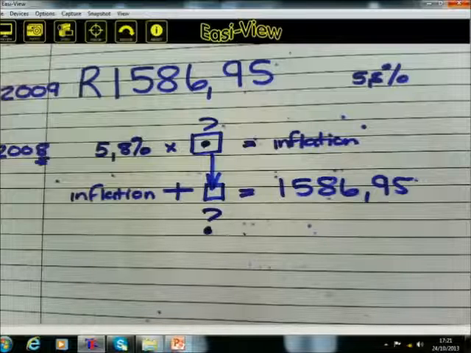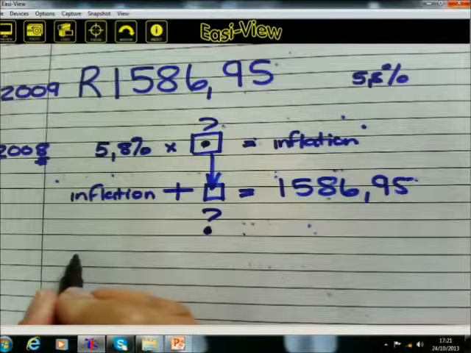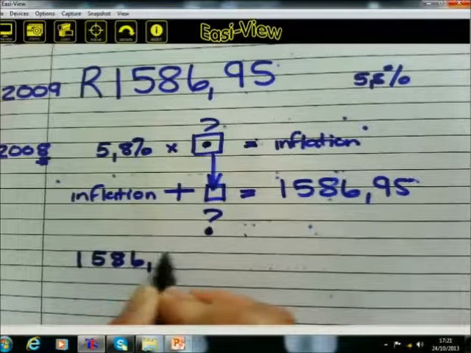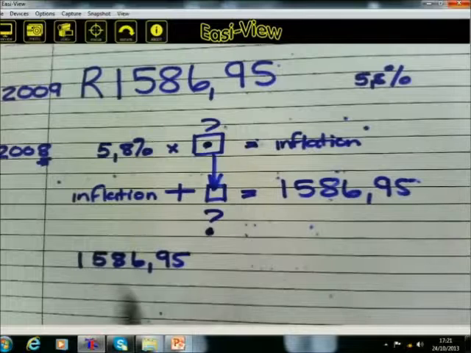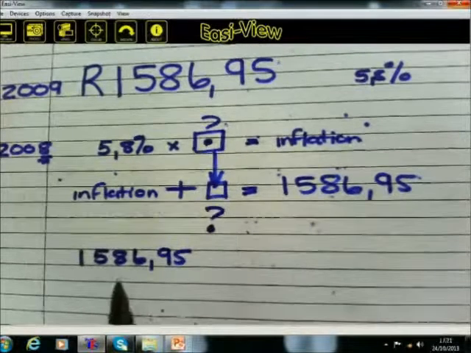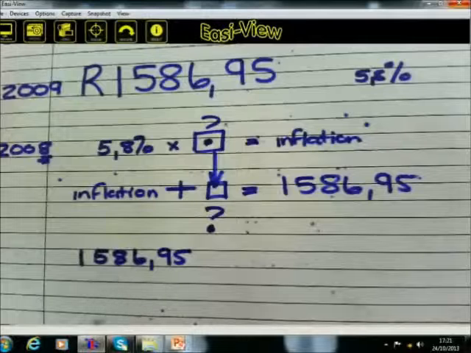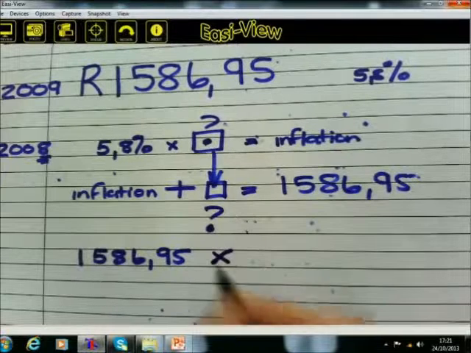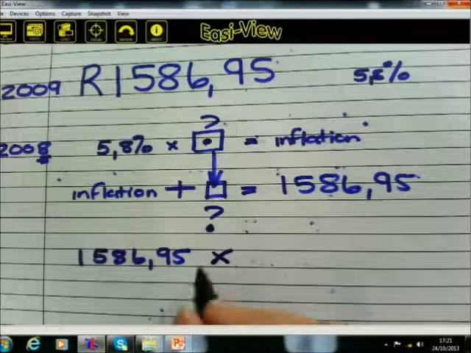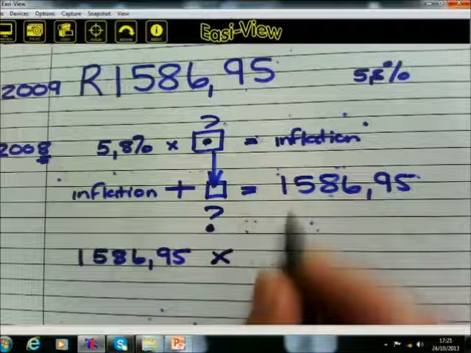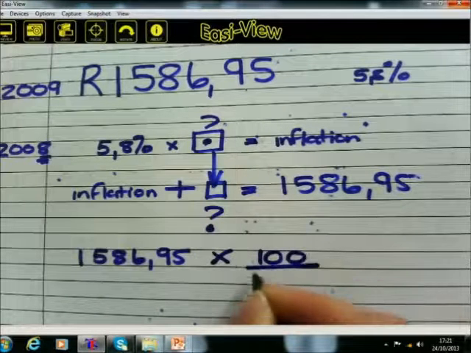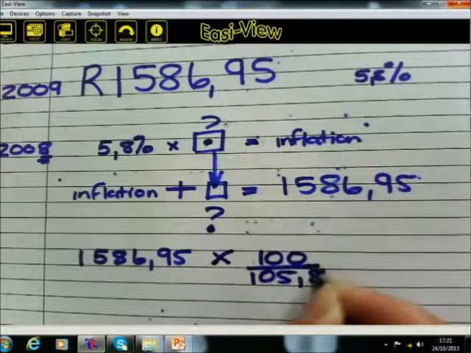Now the easiest way to do it is to say that it is R1,586.95 and we're actually dividing by the percentage. But now it is difficult to divide by the percentage. So what do we do? We multiply with its inverse. So then it becomes multiply by 100 over 105.8.